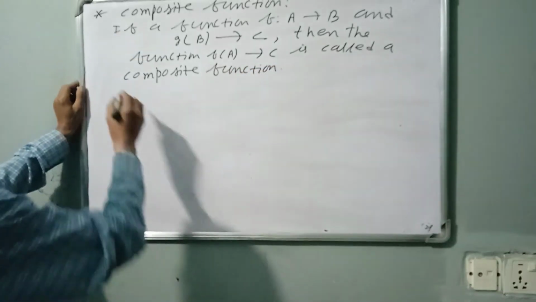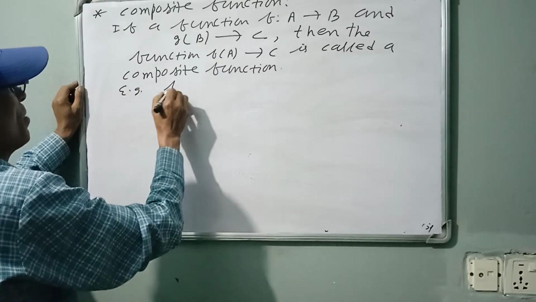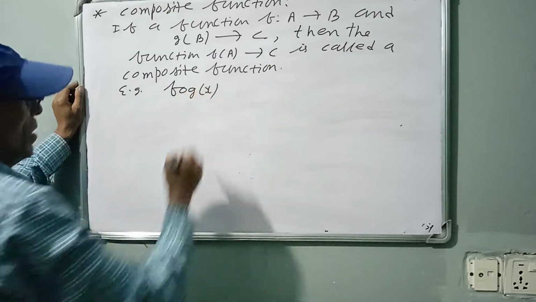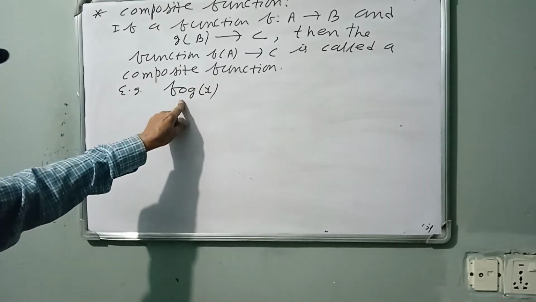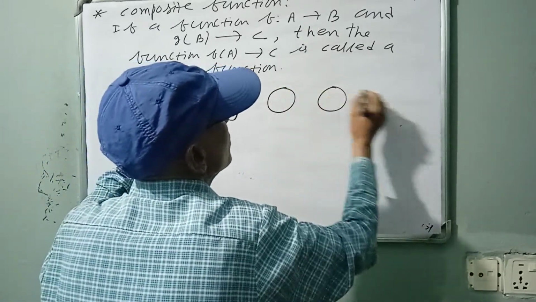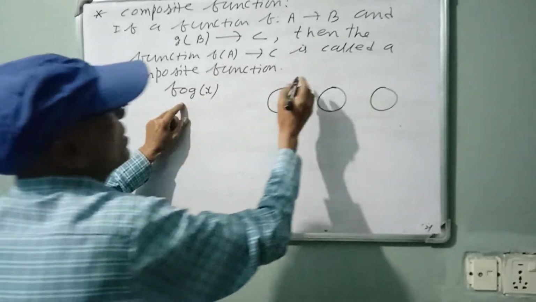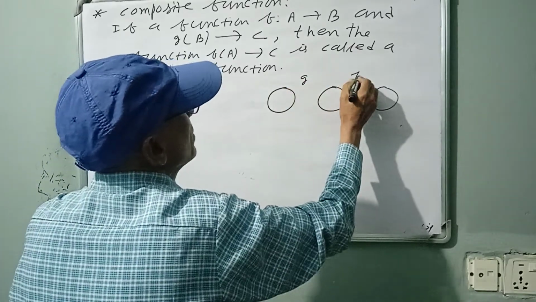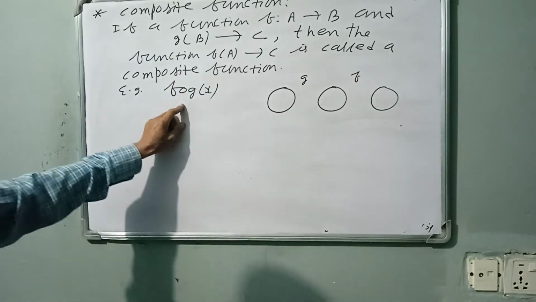For example, it is denoted by fog(x). In fog(x), which comes first? g comes first. In fog, g should be written here and f should be written there.